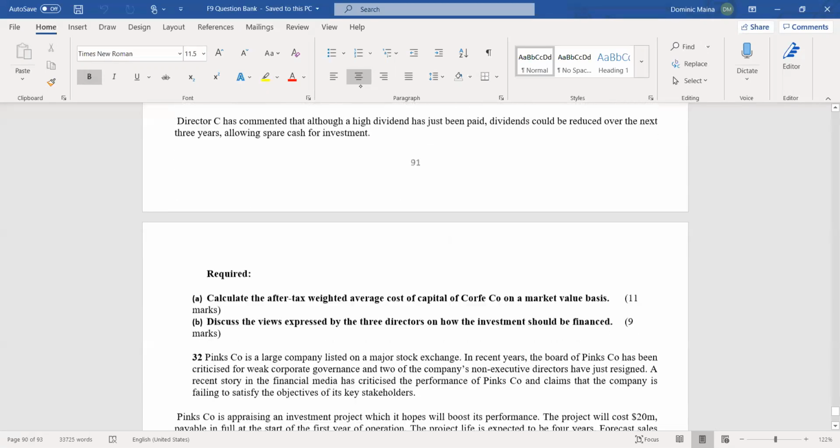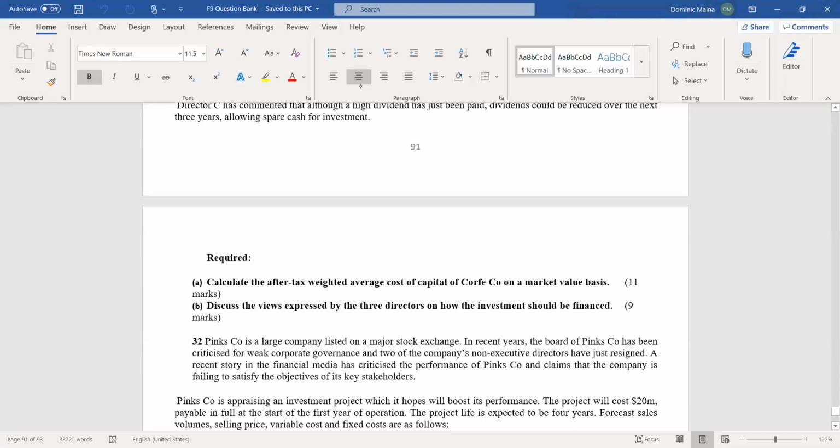Part one asks us to determine the company's after-tax weighted average cost of capital by the use of the market value basis. So go through question one, part A, on pages 90 and 91, for about 2 minutes, then we discuss together.